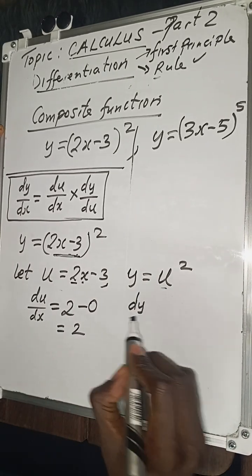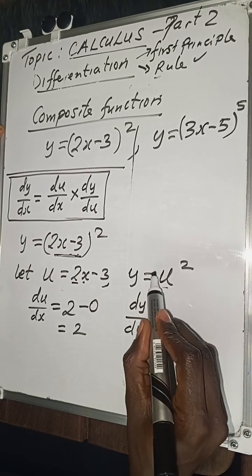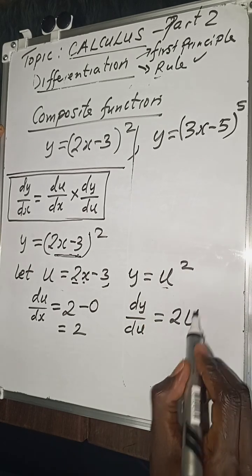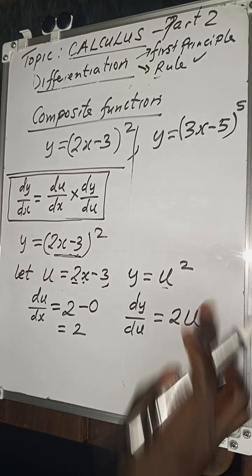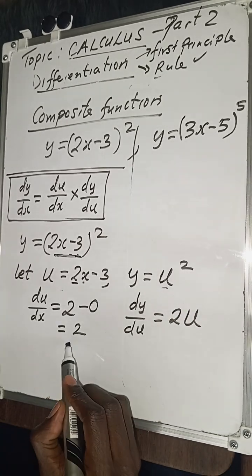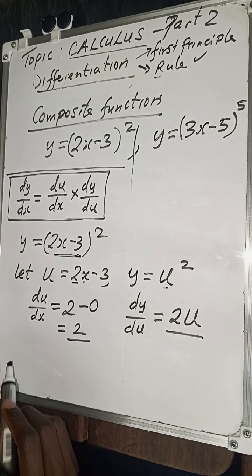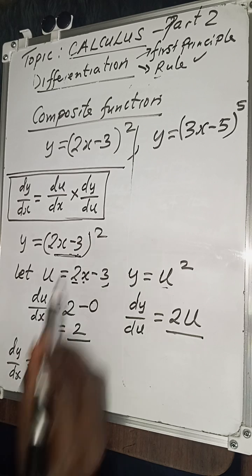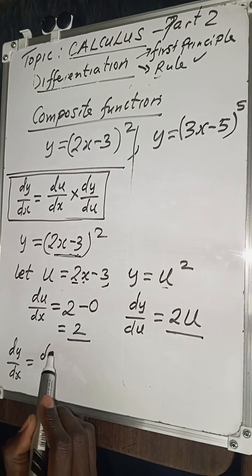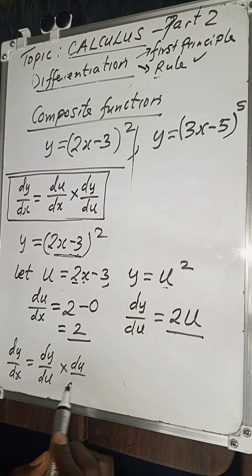It will be dy over du, which is 2 times 1, giving me 2u, since the power reduces by 1. So now once you get this and that, you can find dy over dx by using that formula. It is dy over du times du over dx.